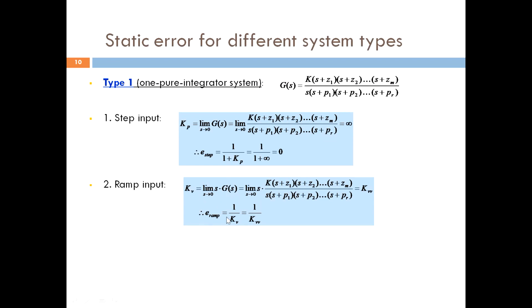The steady state error then for a ramp input to a type 1 system is going to be given by this expression 1 over Kv, where this Kv is basically the velocity error constant.